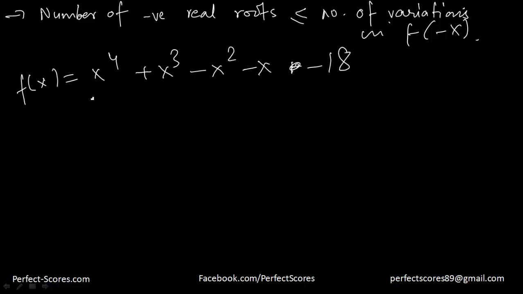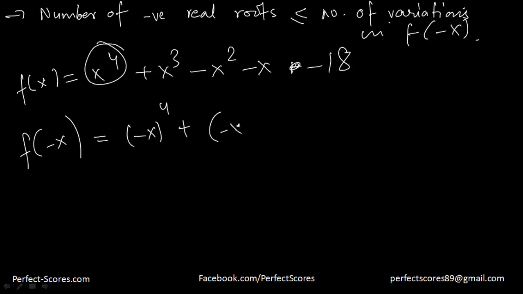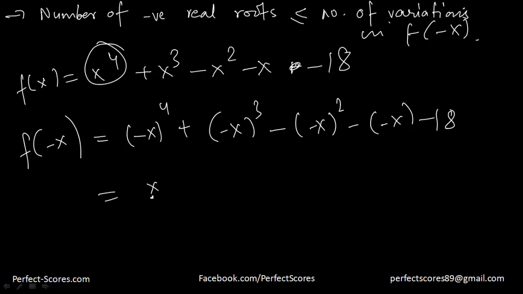So what do you have? Let's find f of minus x now. Instead of x, I'm going to substitute minus x. So I have f of minus x to be equal to this. This actually becomes x to the power 4 minus x cubed. This remains minus x squared. This becomes positive x, and this is minus 18.